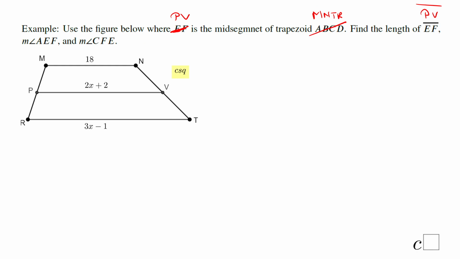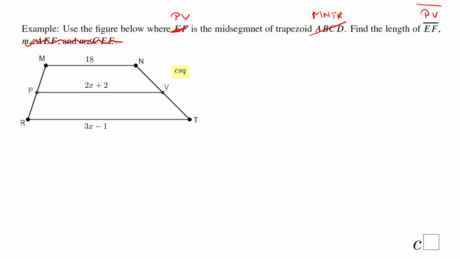Okay, good. So apologize for this situation, and by the way, we don't need this last part, so just the first part. So how are we gonna find the length of PV?